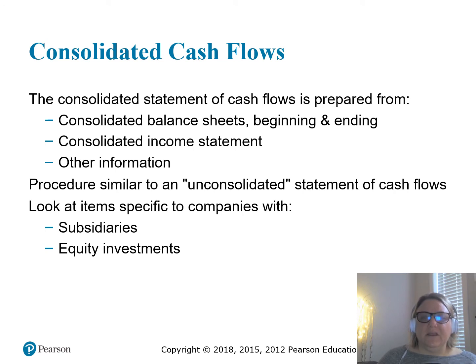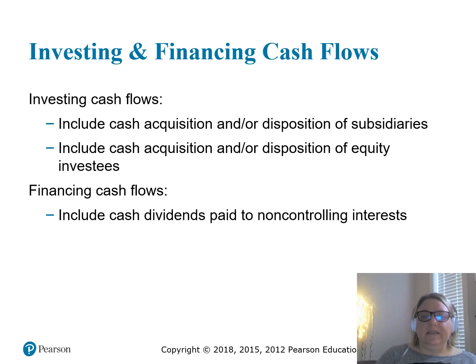So, all right, the last little bit is consolidated cash flows. It is very similar. We're going to have operating, investing, financing, we remember those. Cash acquisition and disposition of the subsidiaries and the equity investees. So that would be for the consolidation.